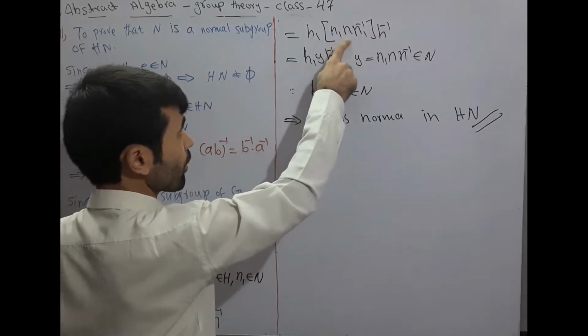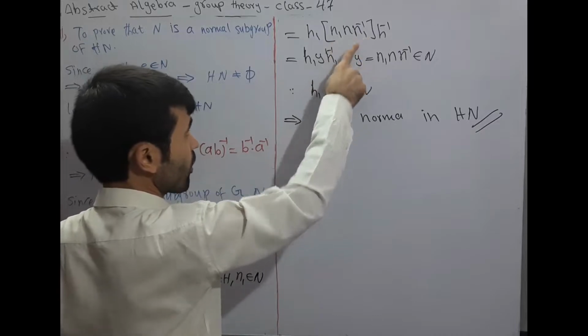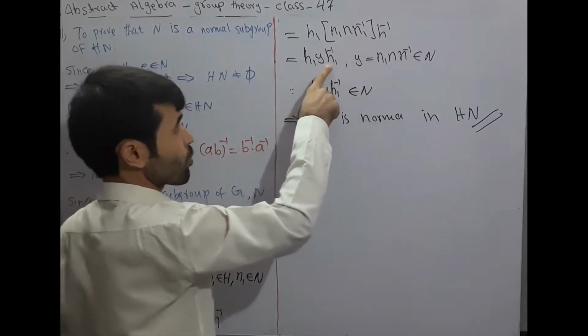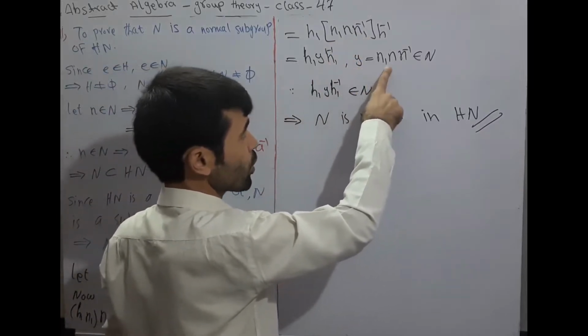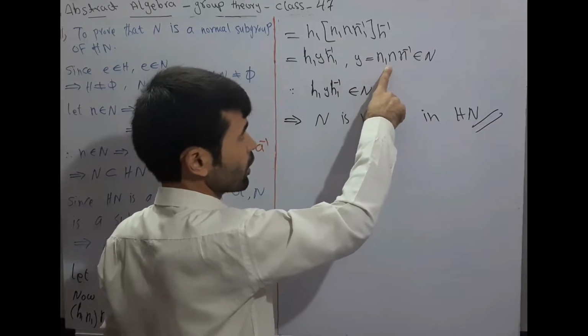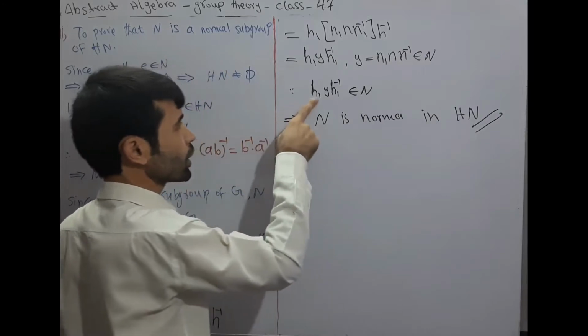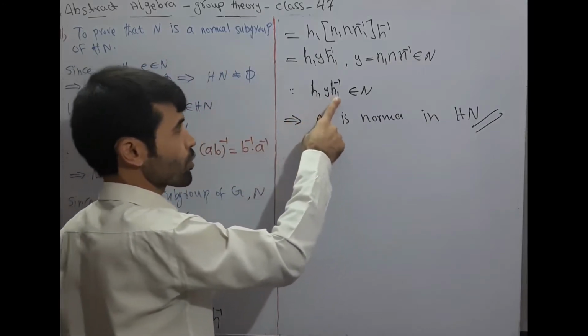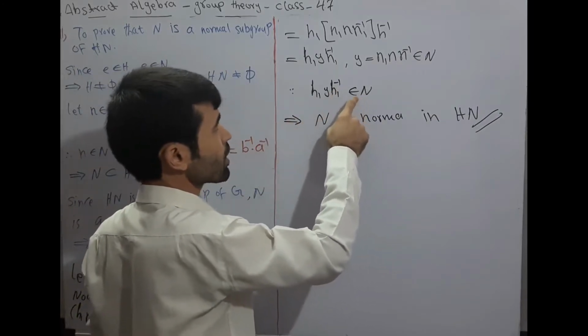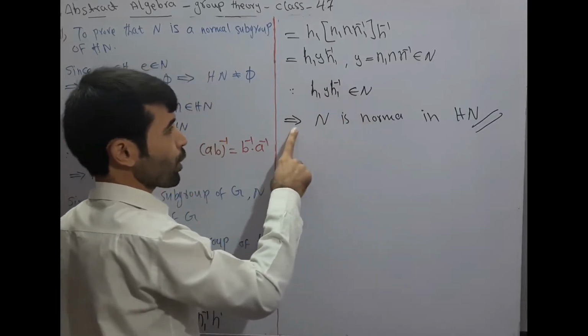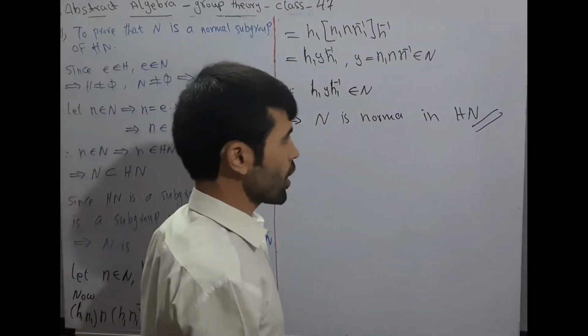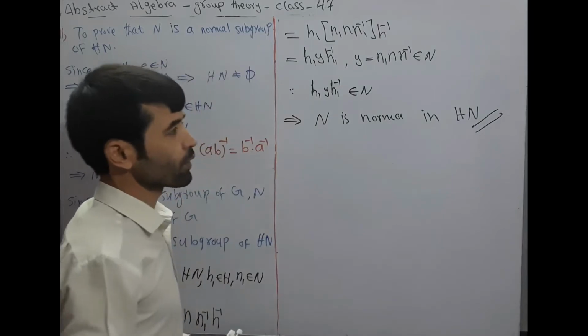We put y instead of n1 n n1 inverse. So h1 y h1 inverse, where y equals n1 n n1 inverse, belongs to N. Since h1 y h1 inverse belongs to N, this implies N is normal in HN. Hence the proof of the theorem.